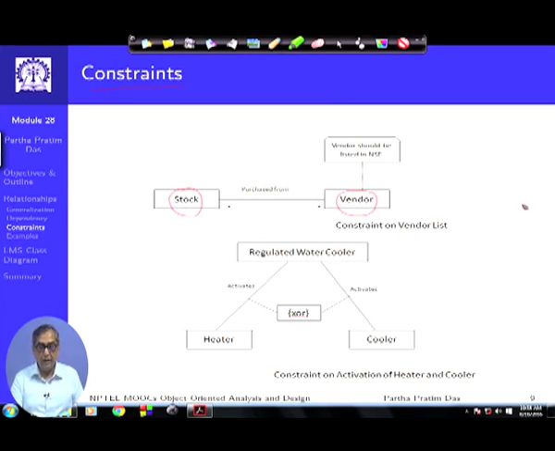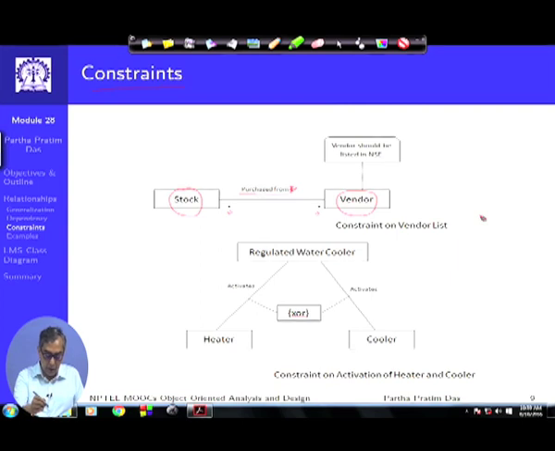Stock is the inventory and vendor is a provider from whom we can buy and build up the stock, build up the inventory. So, we have the association purchased from. The reading direction is not shown, but it is clear from the way it is written, so the reading direction is like this. The multiplicities are anything. So, any item can be purchased from any vendor, you may not purchase from anybody also.